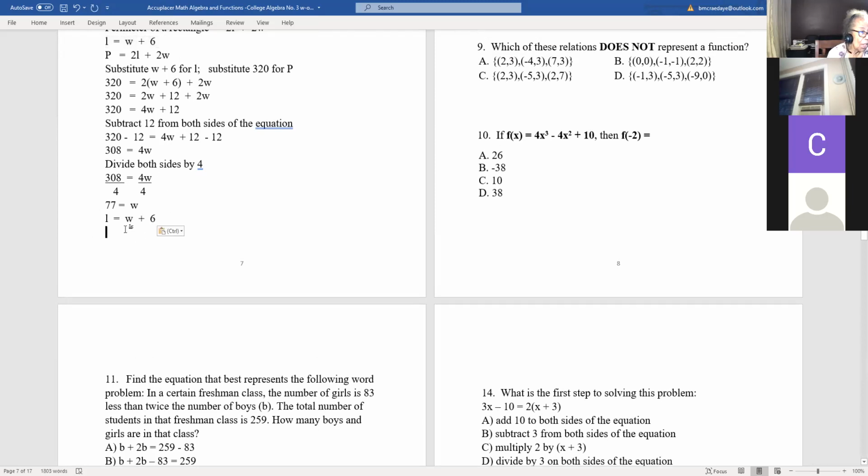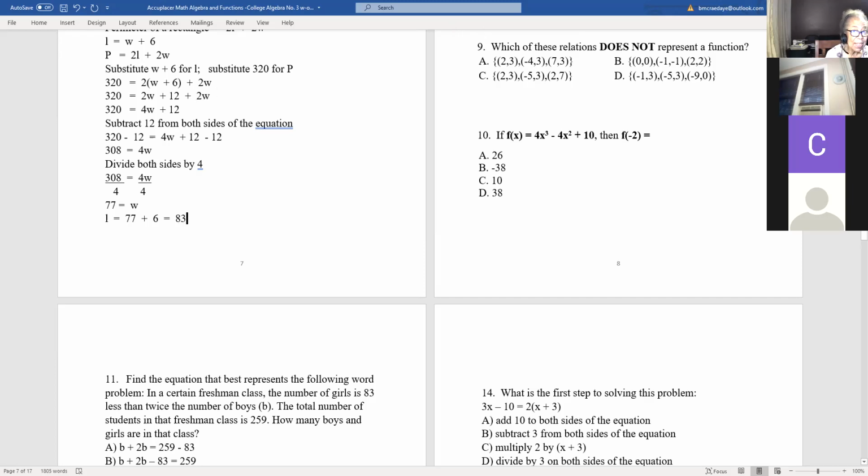So if the width is 77, then what is the length? What's 77 plus 6, Chastity? 83. That is correct.